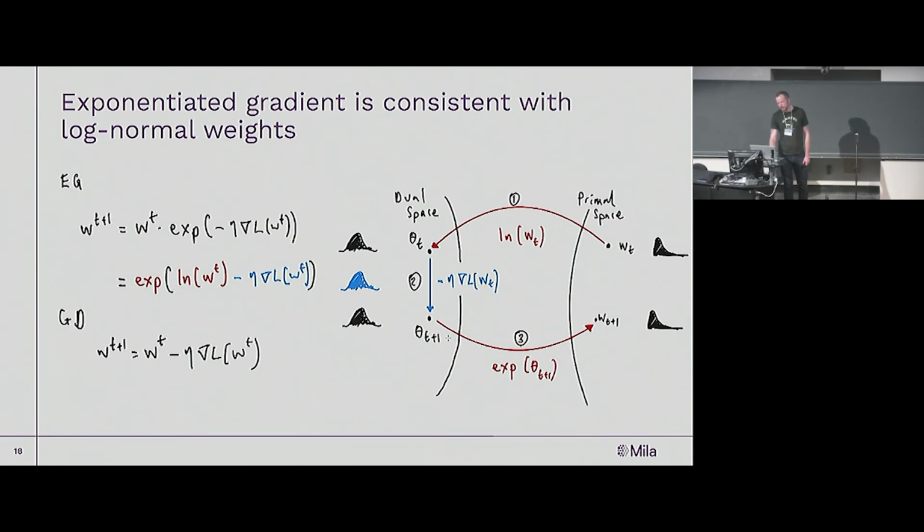What that means is that if you have a log normal distribution, you're going to transform it into a Gaussian distribution via this process. Then you're going to update it with a Gaussian update, and then you're going to put it back into a log normal distribution via the exponential. So this should produce log normal weights.